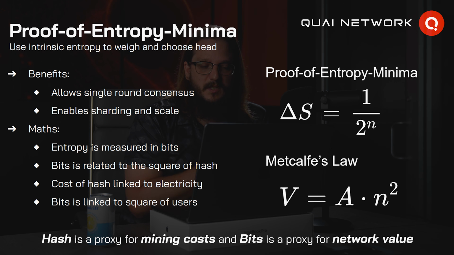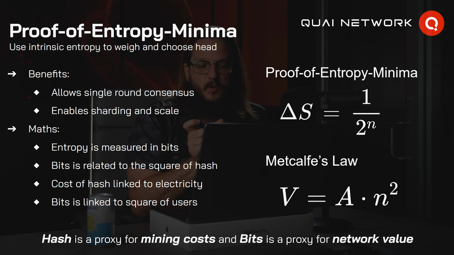So what we want to do here is utilize this fact that hash is linked to the value of electricity to create an intrinsic value token, or token whose value is correlated to the global average energy price. In addition to that, we can maintain our deflationary token with Quai using bits.